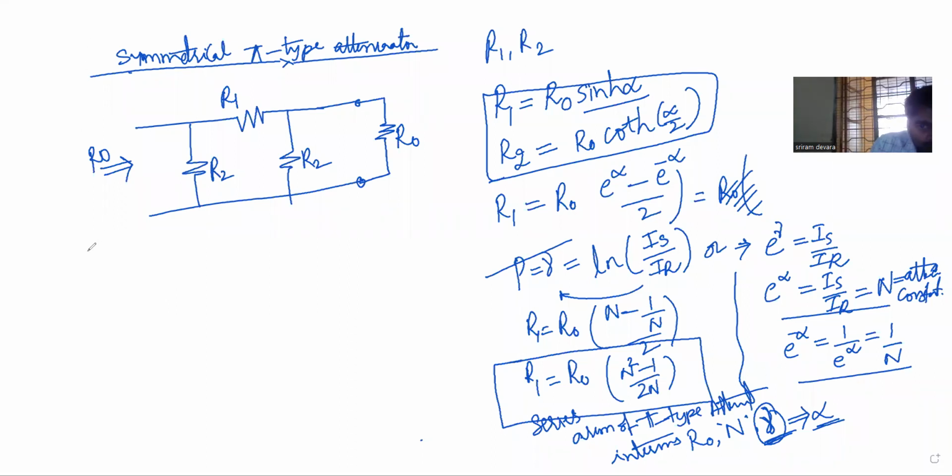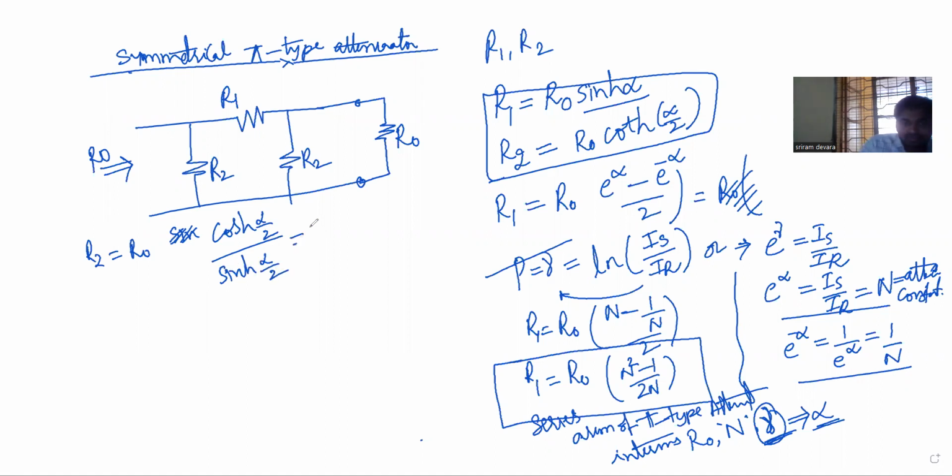Similarly, R2 is equal to R0 into coth alpha by 2, which can be written as cosh alpha by 2 divided by sinh alpha by 2.